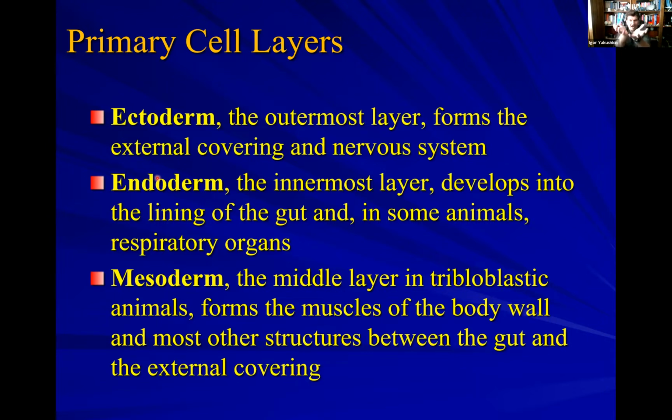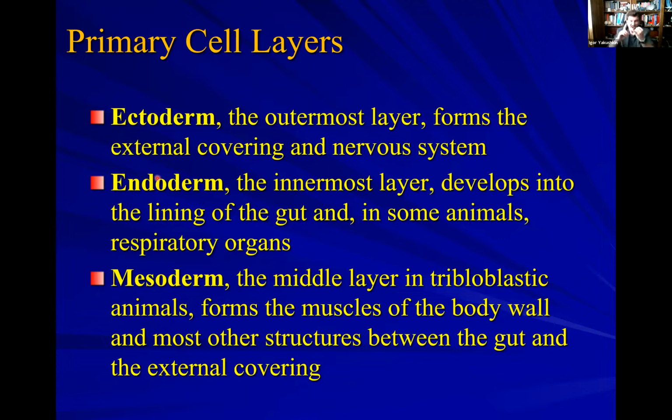So we have the outer layer, we have the tube inside. So we're looking at the endoderm, ectoderm, now meso. What does meso mean? In between. In between of what? Ectoderm and the digestive tube. Anything in between. So if you have an animal in cross-section, the outer layer is mostly made out of ectoderm. The digestive tube would be the endoderm.